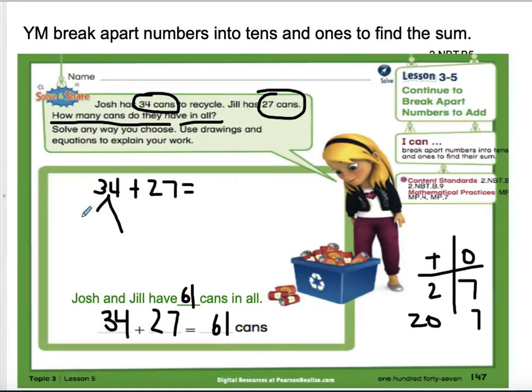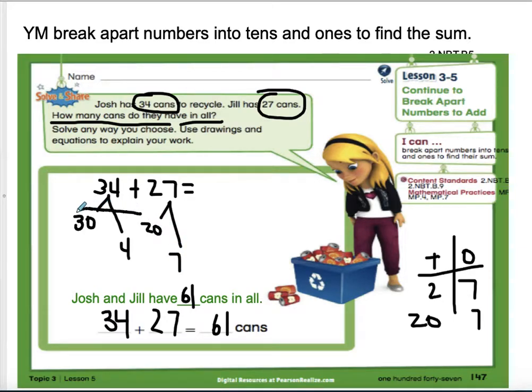So I know there are 3 10s, which means that 30 are 3 10s and there are 4 1s. And I could break apart 27. There are 2 10s in 27, which is 20, and 7 1s.